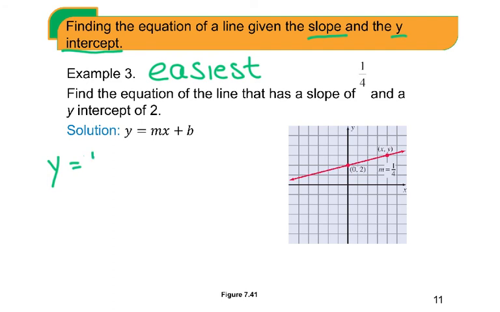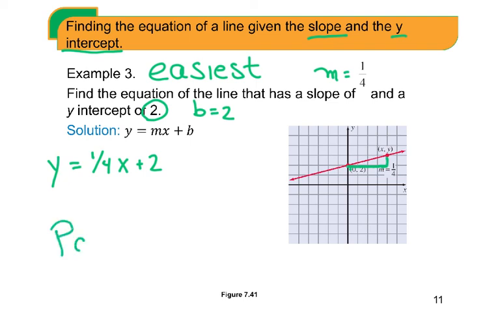M is 1/4. You know what the y-intercept is, so b equals 2. There's the equation of the line, and here they've plotted it for us. And notice it's a positive slope, and if you go 4 units to the right, you go 1 unit up.